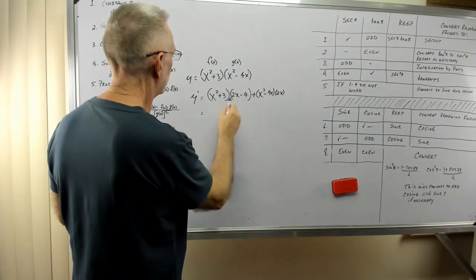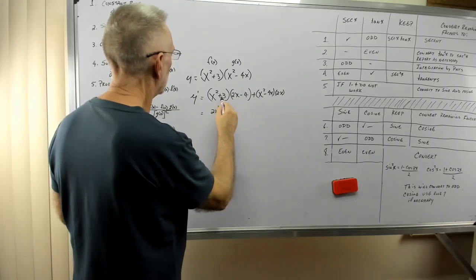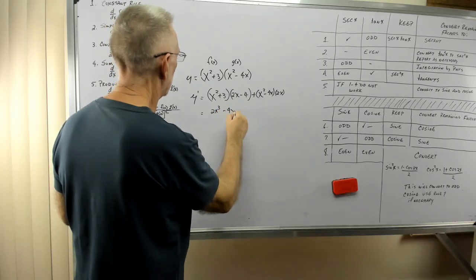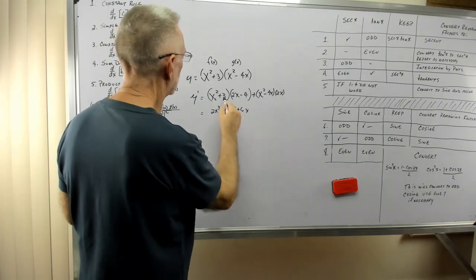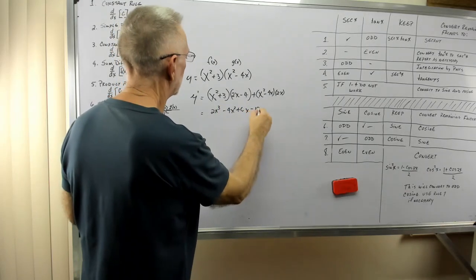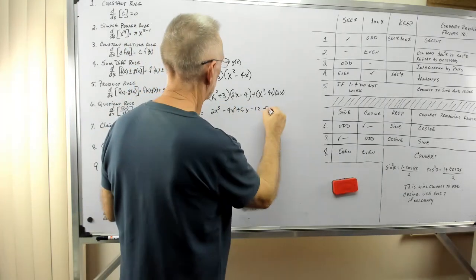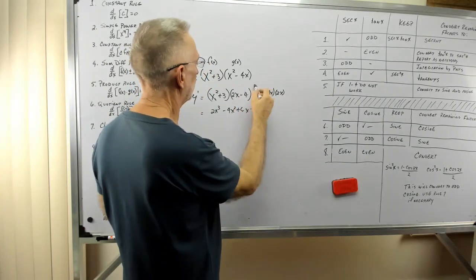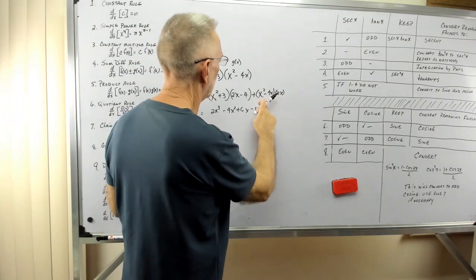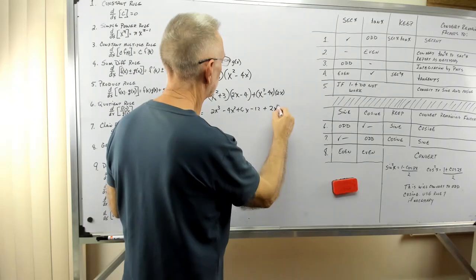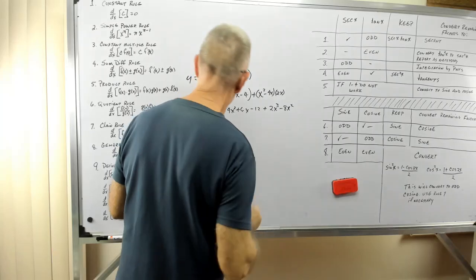All right, let's see. We've got 2x cubed minus 4x squared plus 6x minus 12. That's this part. Plus, now if you had a negative here, you'd really need to be careful, but I have a positive sign. 2x times x squared is 2x cubed minus 8x squared.